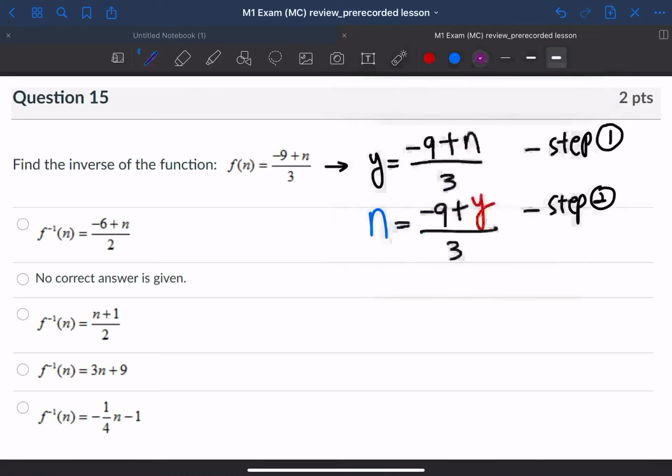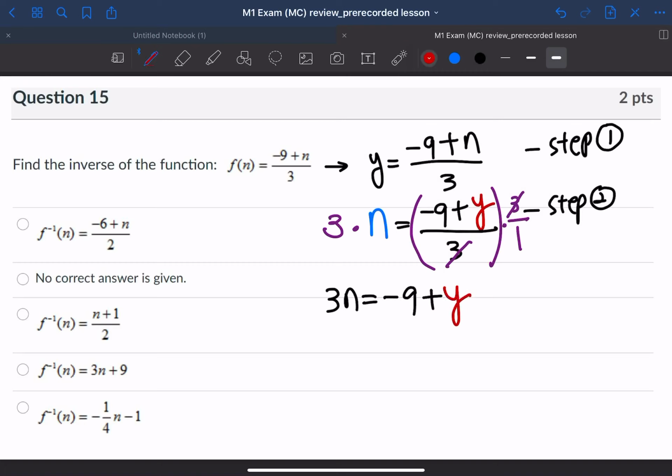Again, we have a fraction. What is bothering us? We have to get rid of this 3. So you're multiplying everything by 3/1. So this cancels, which means you multiply here by 3 as well. 3/1 is the same thing as 3. So the left hand side, you have 3n. Right hand side, you have -9 plus y. We're adding 9.